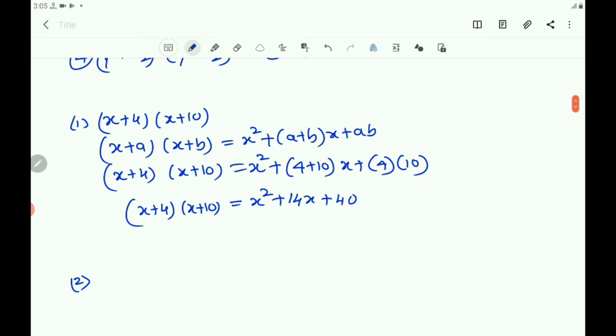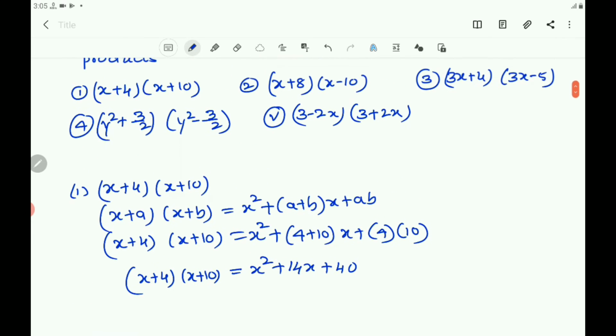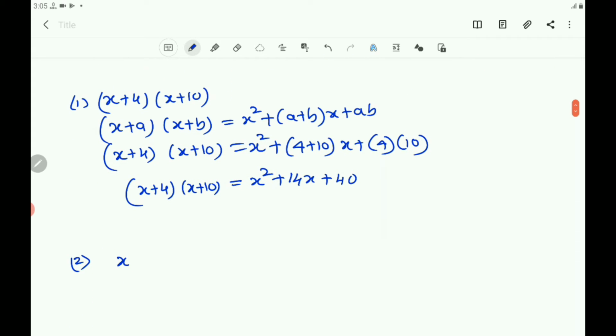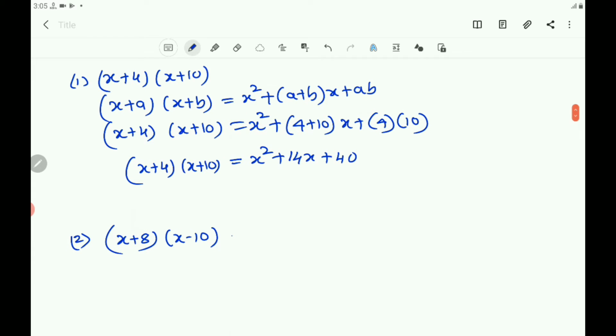The second one is x plus 8 into x minus 10. Now this is x plus 8 into x plus minus 10. You can write it in the form of (x + a)(x + b), so you must write this as (x + 8)(x + (-10)).